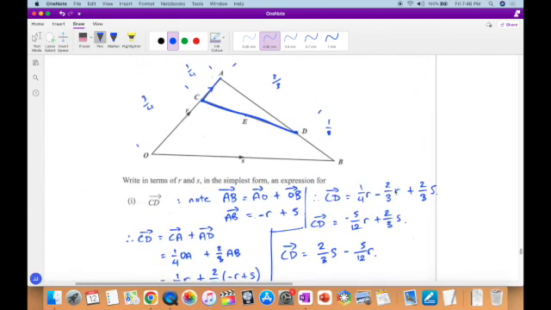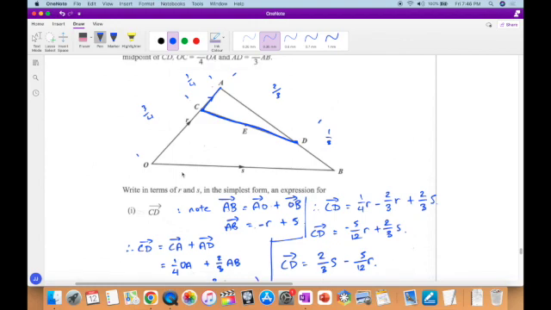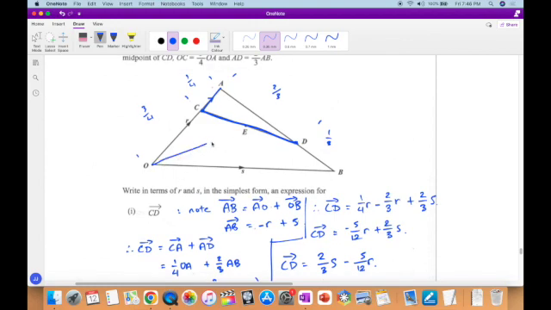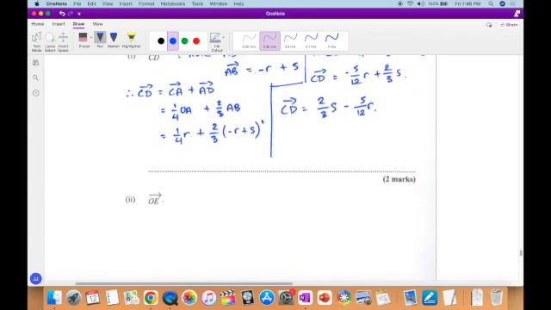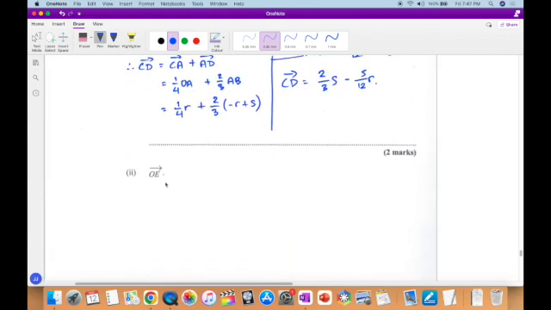OE. So from O to E is this route. And remember, E is the midpoint of CD. So I could go OC plus CE. So OE is equal to OC plus CE.